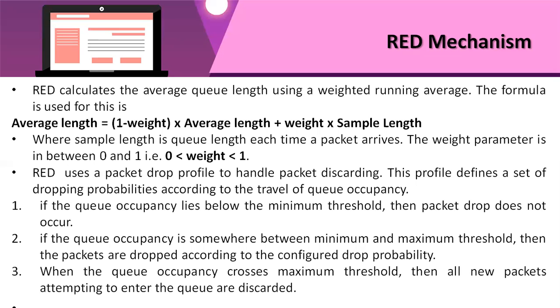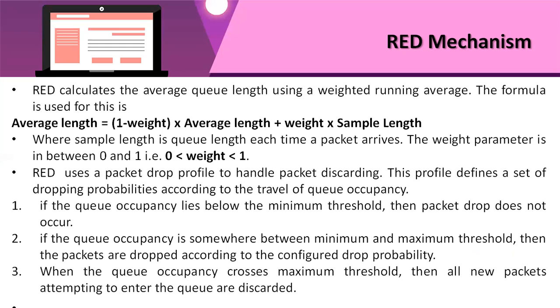The formula is: average length equals (1 minus weight) times average length plus weight times sample length. The sample length is the queue length each time a packet arrives.